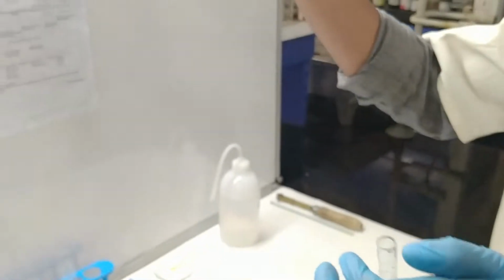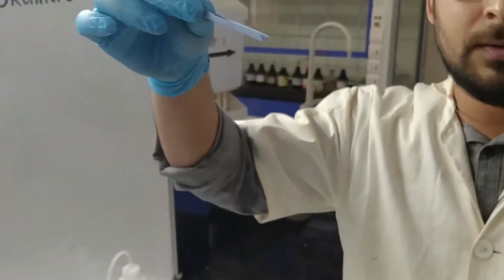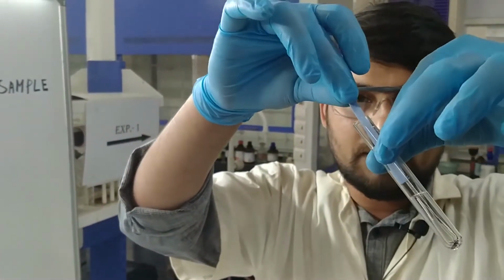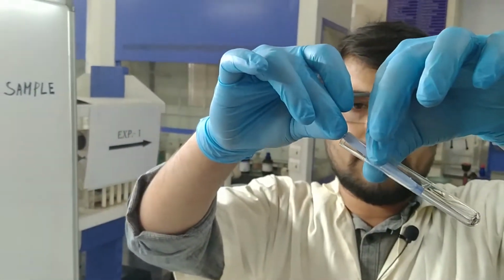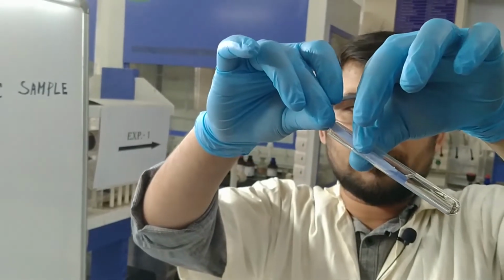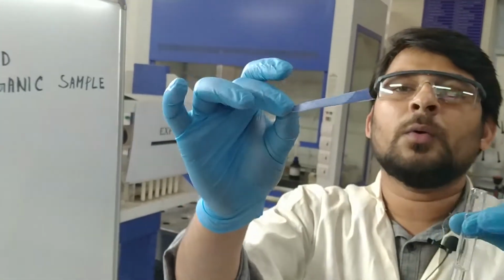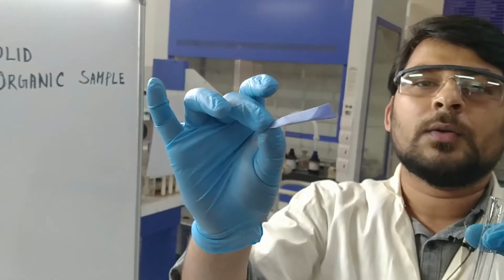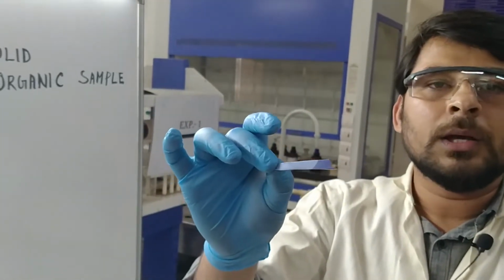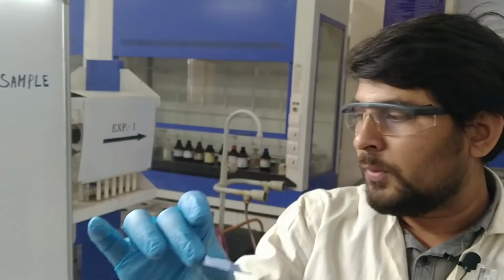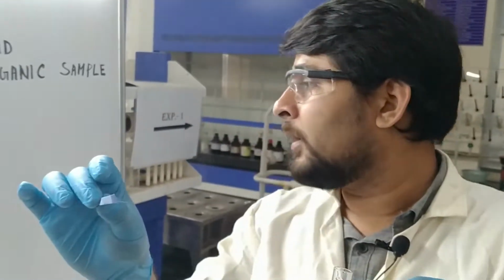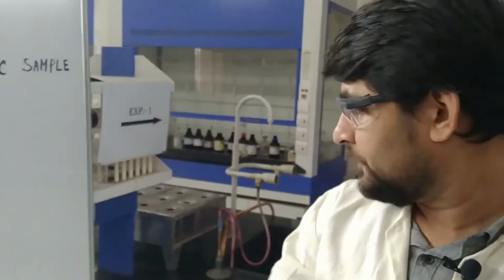So this is the blue litmus paper and this is our aqueous solution. I just put the paper like this fashion. So you can see no changes in the paper, so that means you can say the solution is neutral solution. Okay, so our blue litmus test is over.